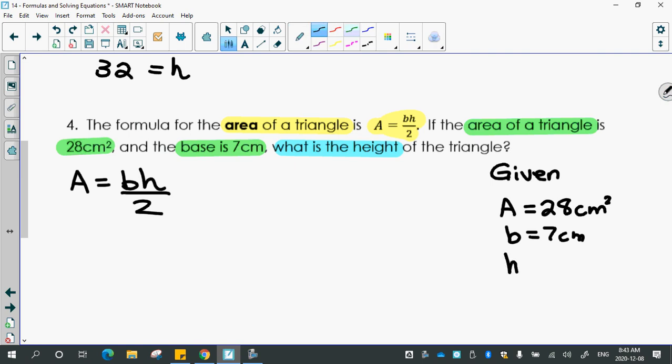So H equals question mark. All right, we're going to substitute now. So see if you can put A and B into the proper places in the formula.